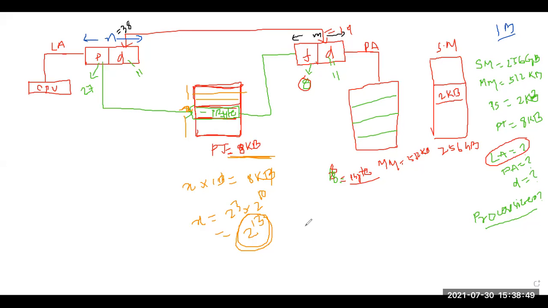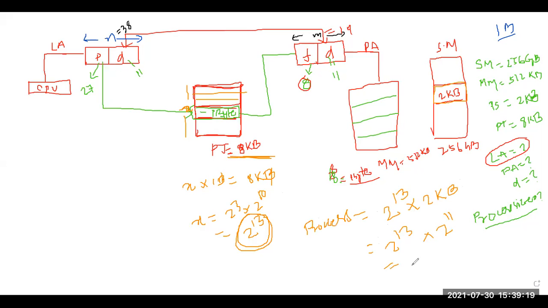Now, how many pages does the process require? The process requires 2 to the power of 13 pages, and each page is of size 2 KB. So it will be 2 to the power of 13 into 2 KB, which is 2 to the power of 11. Yes or no?